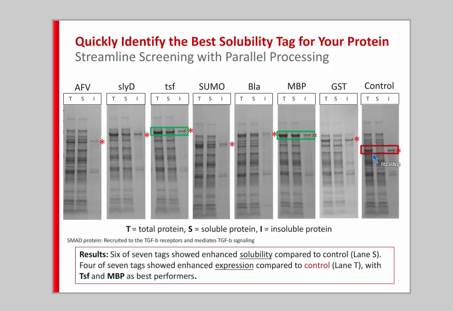So looking at the lanes marked T for total protein, we can see that SlyD and TSF and SUMO and MBP all showed increased levels of expression compared to the control. However, when we look at the lanes marked S for solubility, we can see that MBP and TSF showed the greatest increase in soluble protein production.